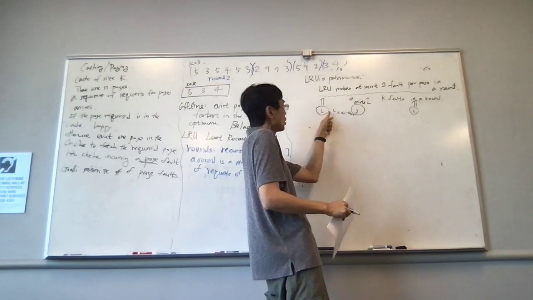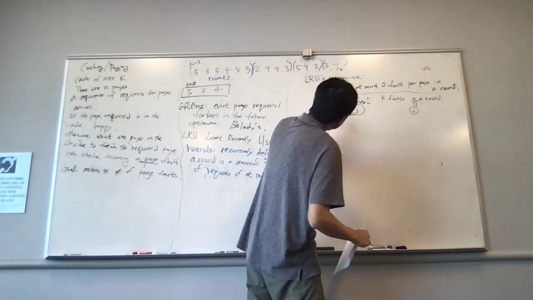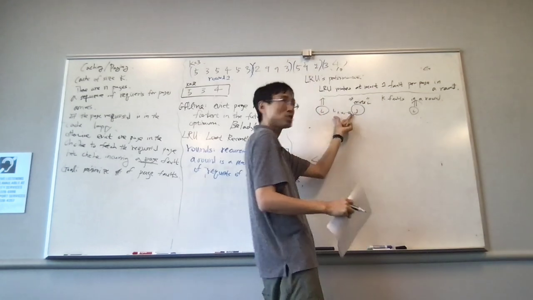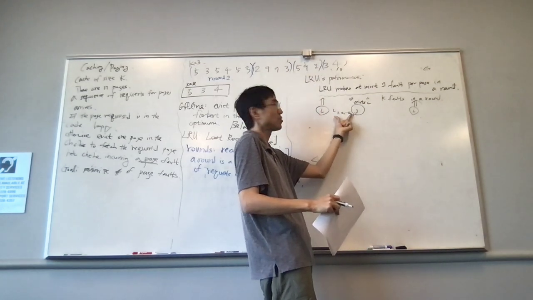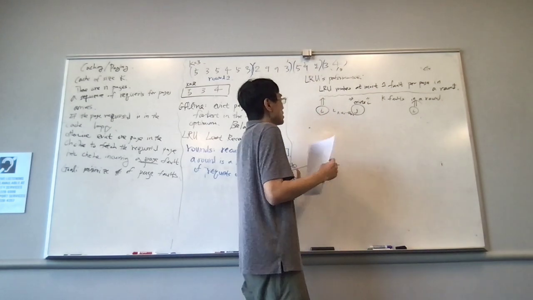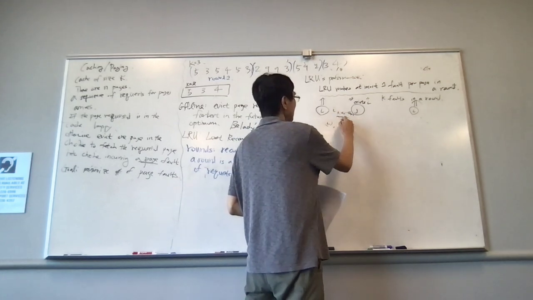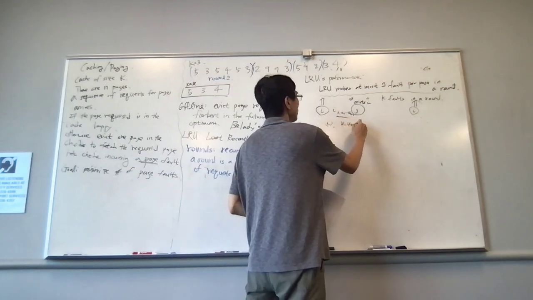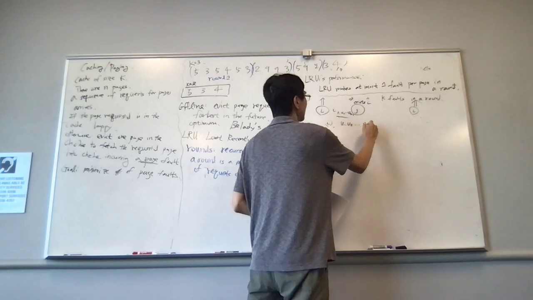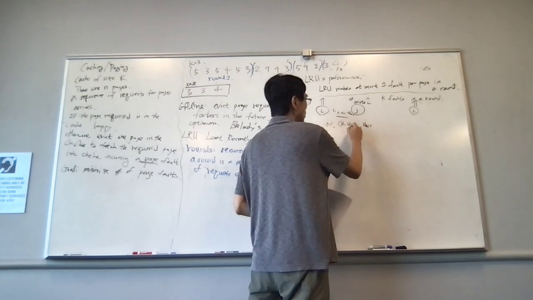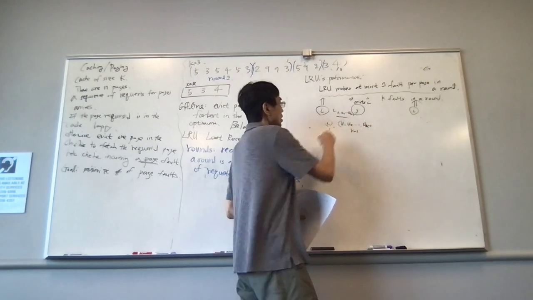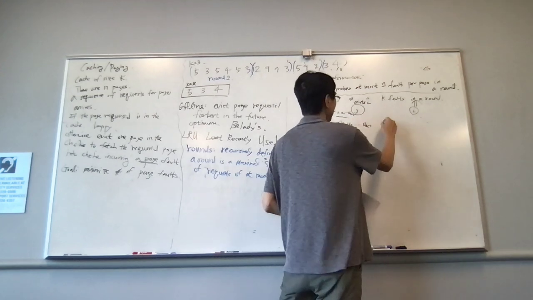Therefore, there must be other K-1 pages sitting in the cache. So what does that mean? Think about this: page I, and these U1, U2, through UK-1, which are K-1 pages, and the page J right here.